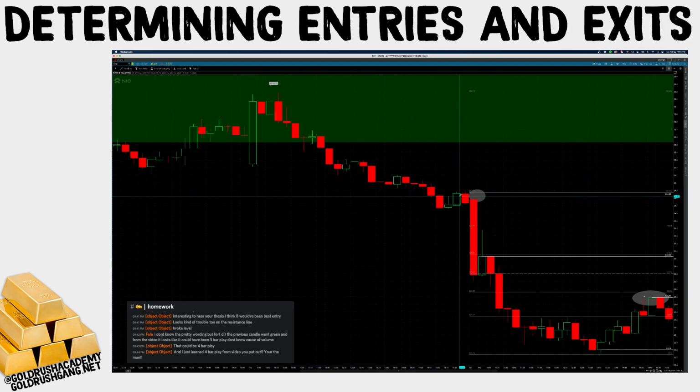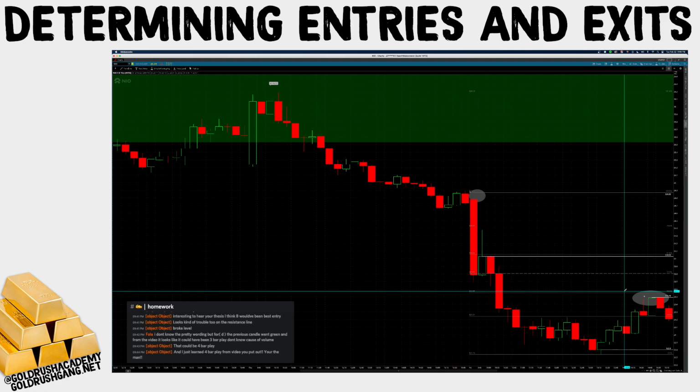It came down. It broke down hard on Friday morning, and it continued down, and then it started to curl and make higher highs. So these higher highs, this curling, and kind of a shoulder here and a shoulder here. I wouldn't have gotten in on this just because of that. I would have wanted to see what else it does to the upside.